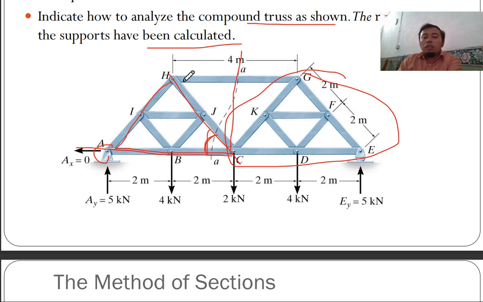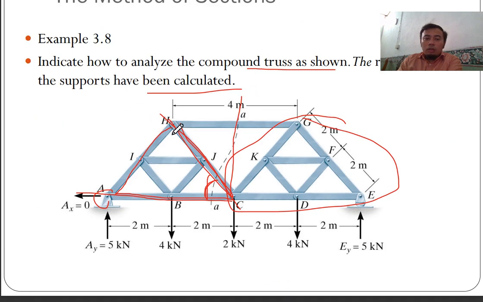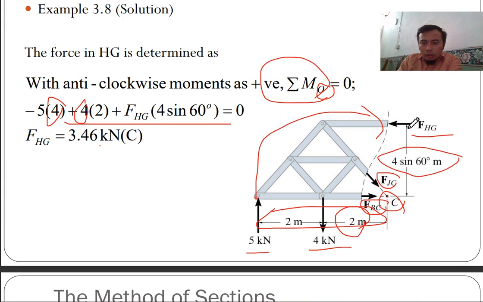So you get this value, the vertical value. You want to find the distance of this triangle. This is the distance that you want to know. So this is your angle 60.